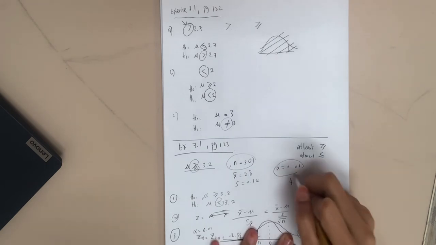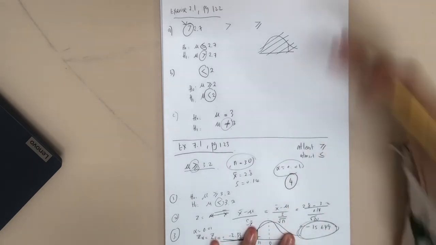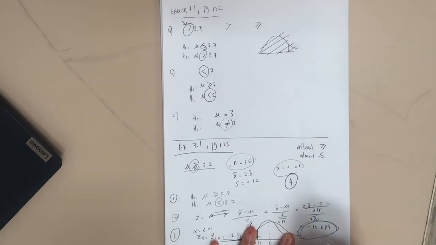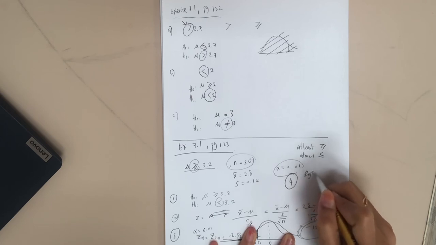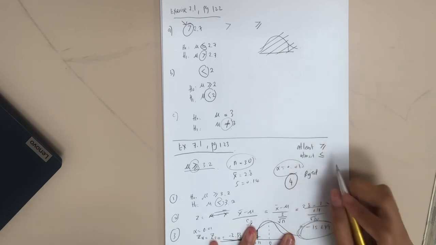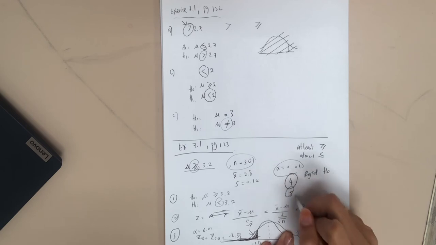Therefore, I just write here, class, sorry, I don't have enough space here, but I want to fully utilize this paper. Step number 4, the decision that we make is we reject H0, because it lies in the rejection region. Step number 5, you just conclude.